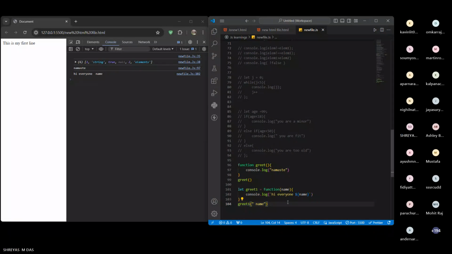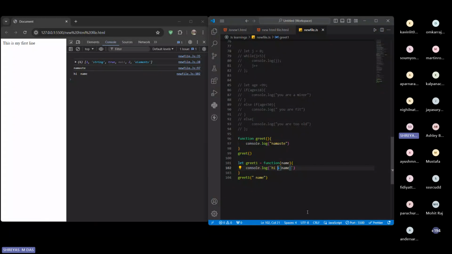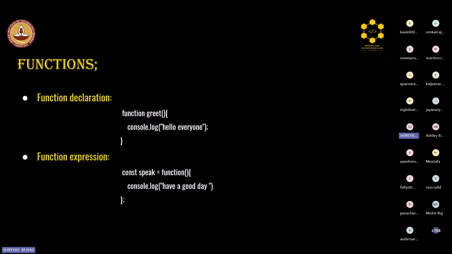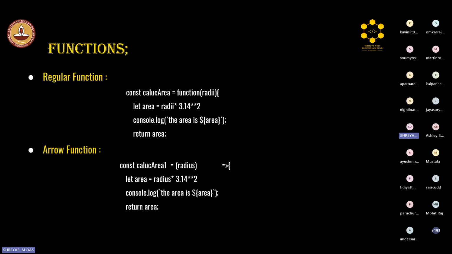You can give whatever element you want and call the corresponding thing. You can see that if I call the function with some name, I get hi and the corresponding name. So similarly, you can declare the function and store it in a different expression. And next we come to the different types of functions.